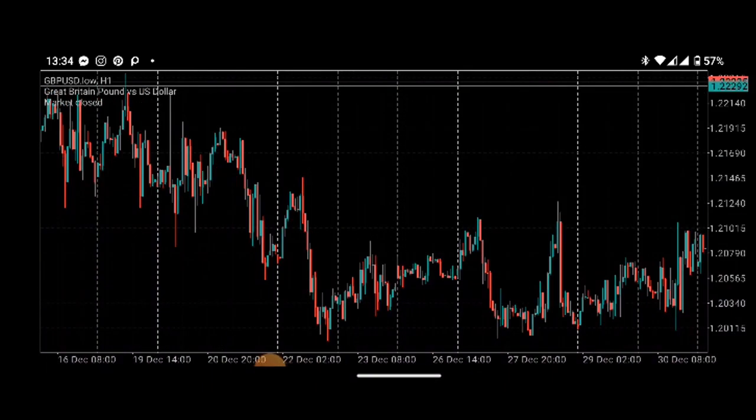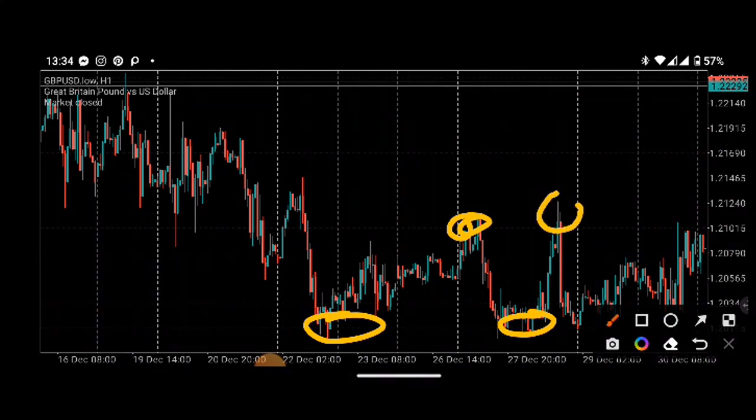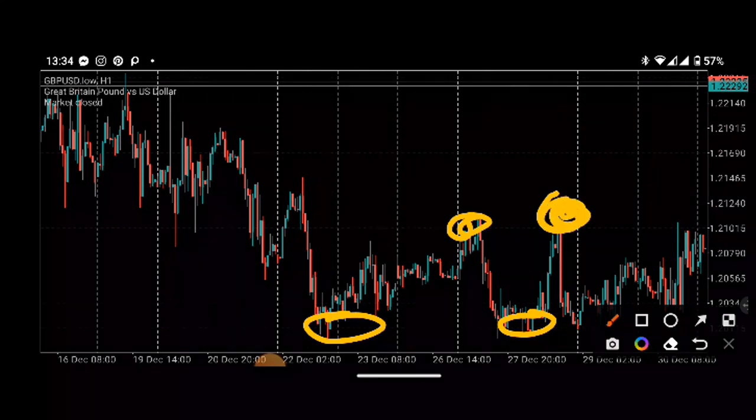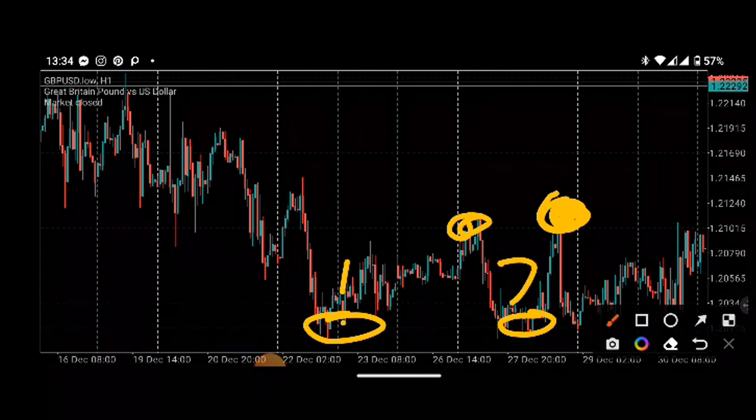Now it has established a point here, right? Now this second point here should be almost the same as this, which it is, right? Your next point of interest is this, right? So for normal support and resistance, you can start trading from this. You just need to confirm these two, right? You just need to confirm these two.